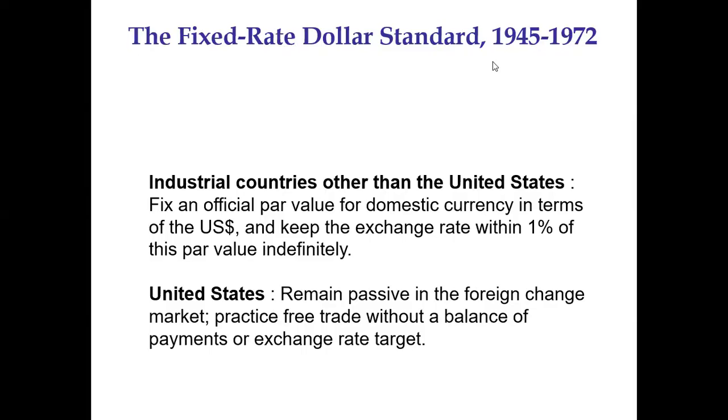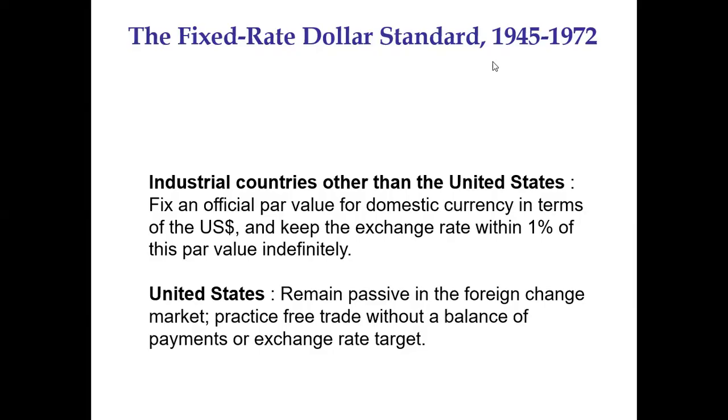Then after 1945 till 1972, we had something called the fixed rate dollar standard. In this fixed rate dollar standard, each country fixed its exchange rate against the dollar, and when they were trading, they ignored the current happenings, which may result in plus or minus changes in the exchange rates.